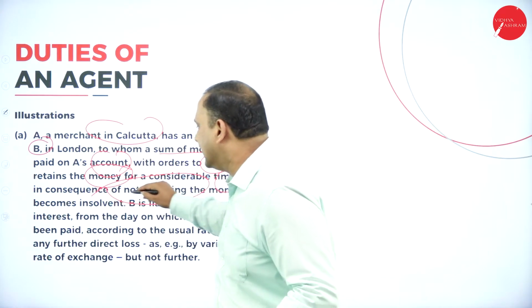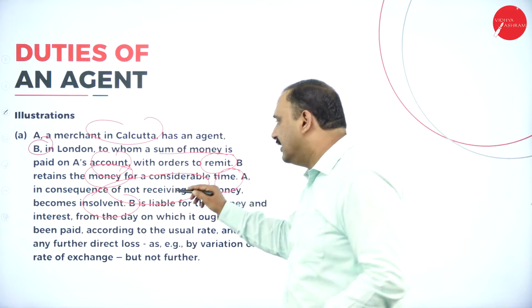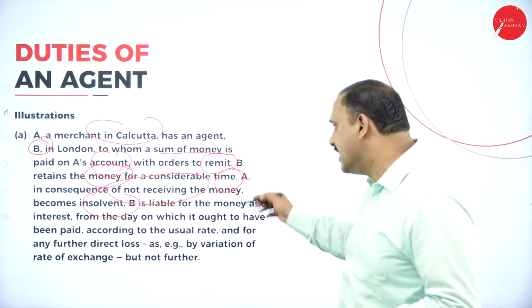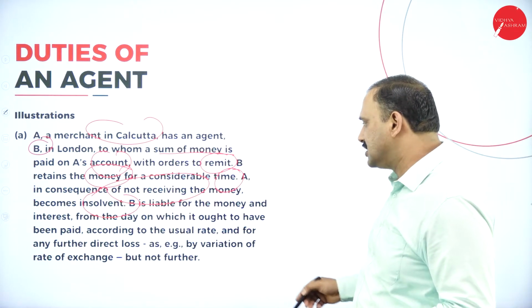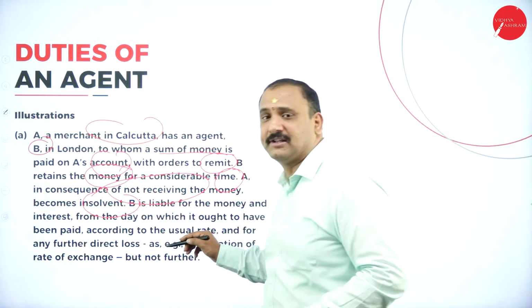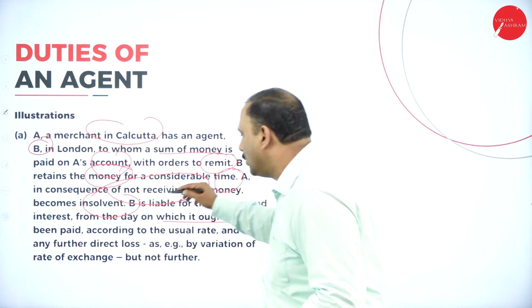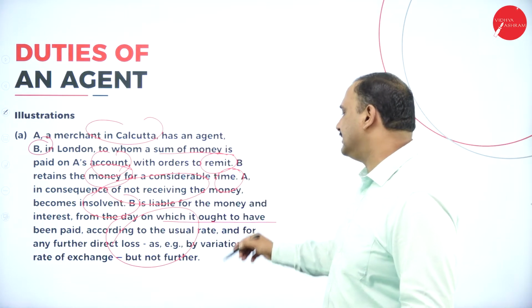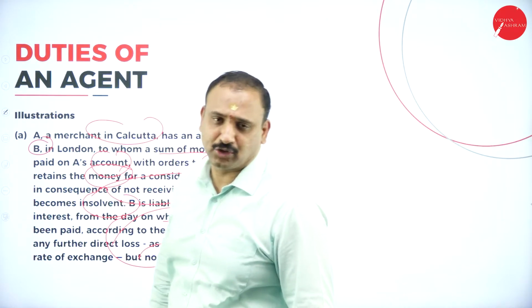A, in consequence of not receiving the money, becomes completely insolvent. B is liable for the money and the interest from the day on which it ought to have been paid, according to the usual rate, and any further direct loss because of the variation, but not more than the actual factors.